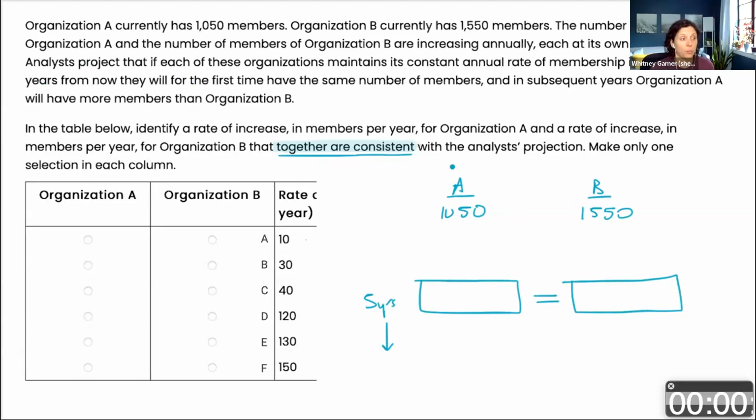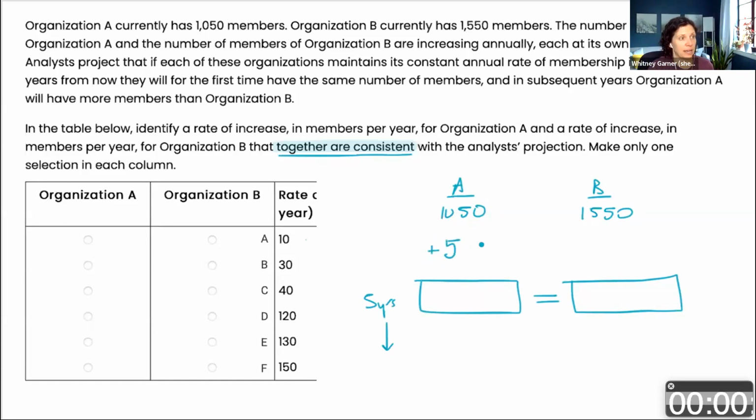So here's what we definitely know. We know that organization A has to be growing faster than organization B. We just don't know how much faster. And we have to make up this 500 people over the course of these 5 years. So if we were to think of each of their rates, for example, if A was growing at a rate of, let's say, A people per year, then they're going to get 5A people, right?